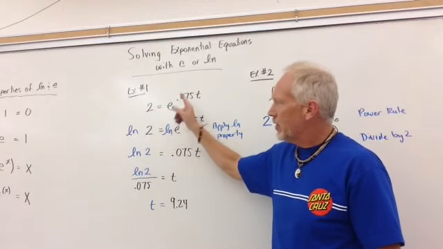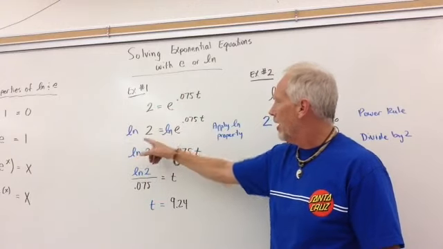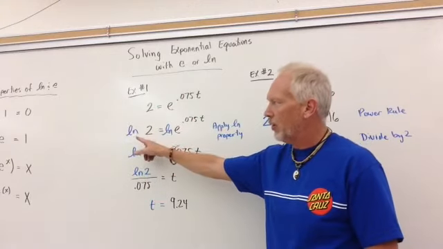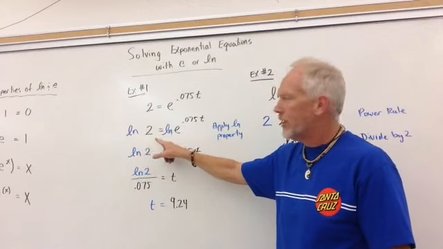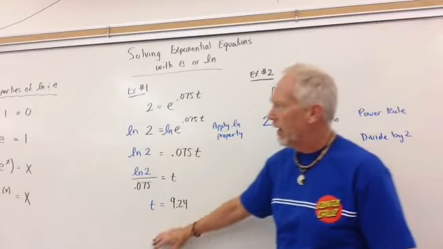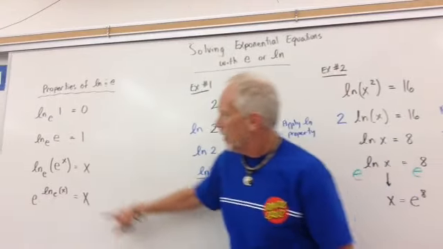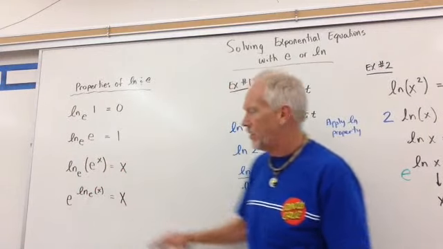Now, for this, we want to apply a simple property of ln, where we bring in ln, and we get ln of 2 is equal to ln of e to the 0.075t. Now look, what happens when we use ln of e to the x, we get just x.